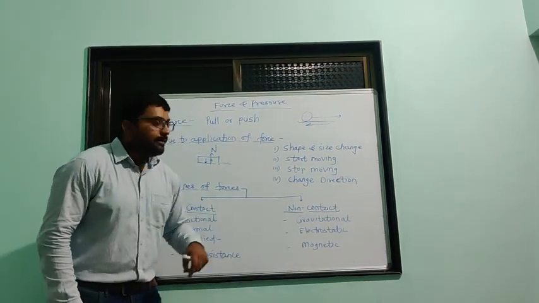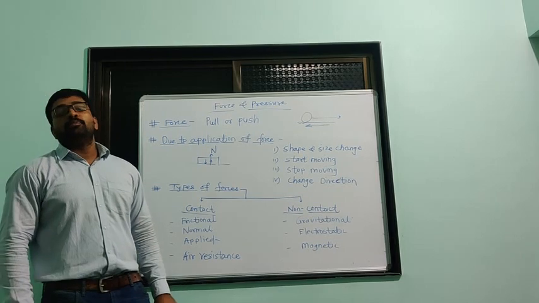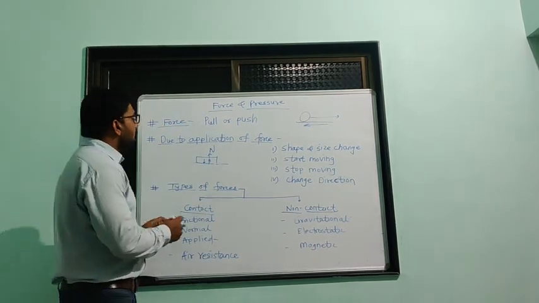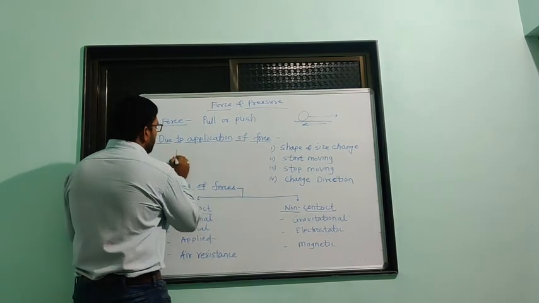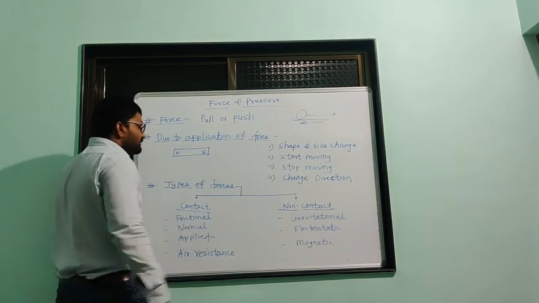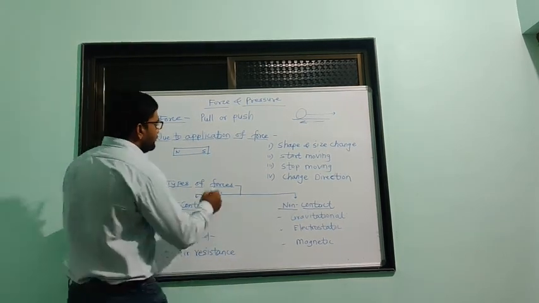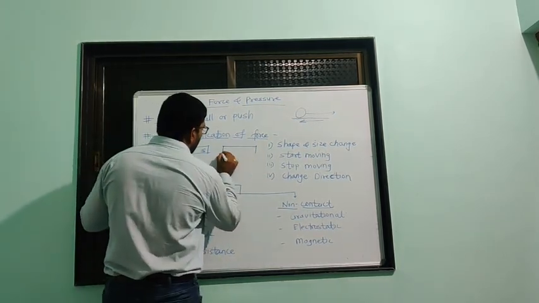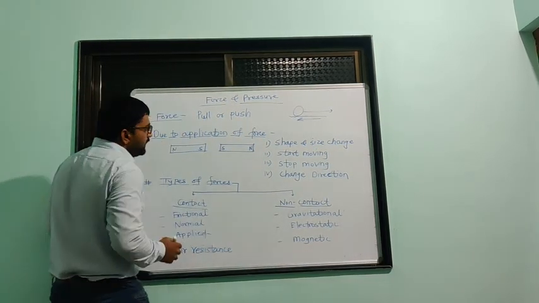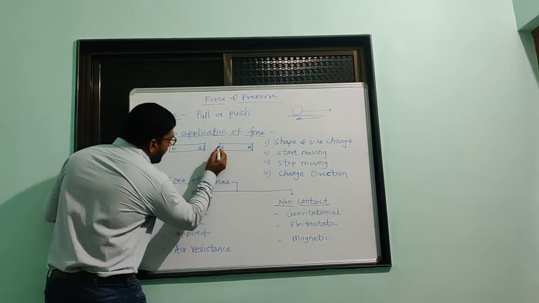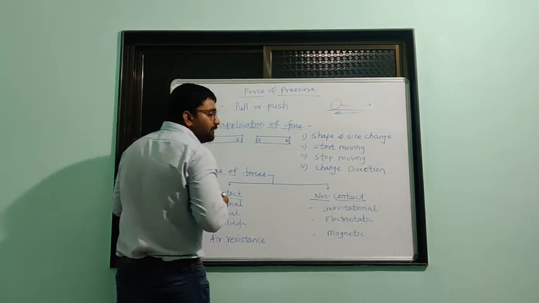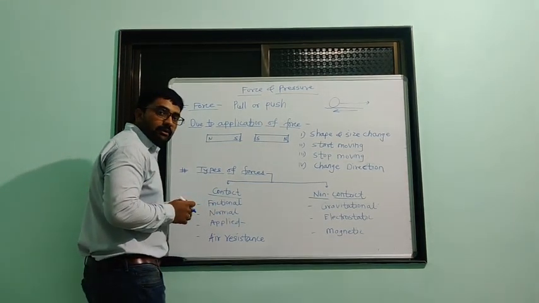And last is magnetic force. We know two magnets. If you consider two bar magnets, a magnet has two poles, north pole and south pole. If the south pole of one magnet and the south pole of another magnet come near each other, what happens?